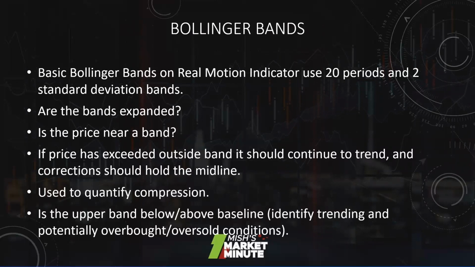Now, the key thing here, if the price has exceeded outside the band, right? This is the price chart. It should continue to trend, and corrections should hold the midline. It's also used in terms of these bands to quantify compression. So if the bands are narrowed, that's telling you compression. And that's important to know, because compression on the Bollinger Bands in both real motion and price is important.